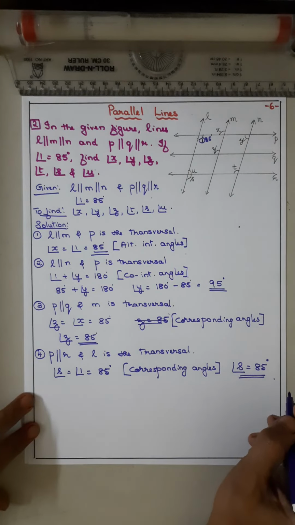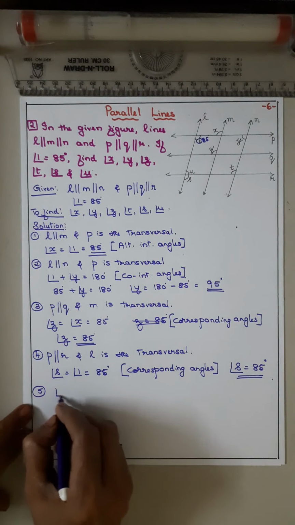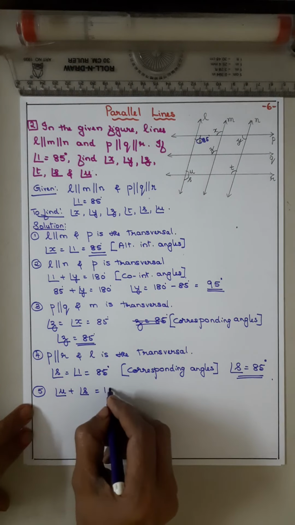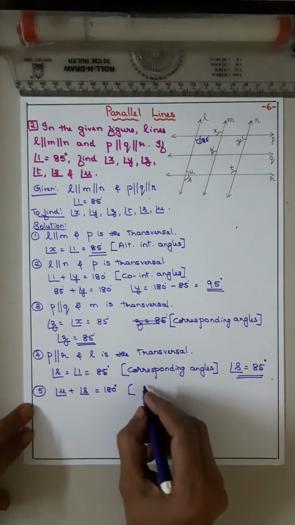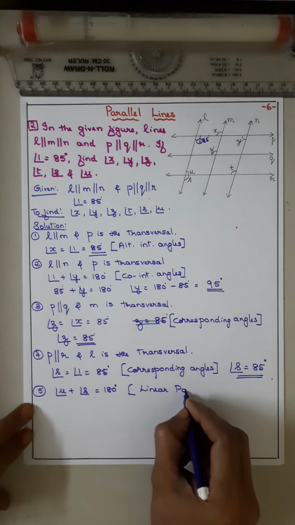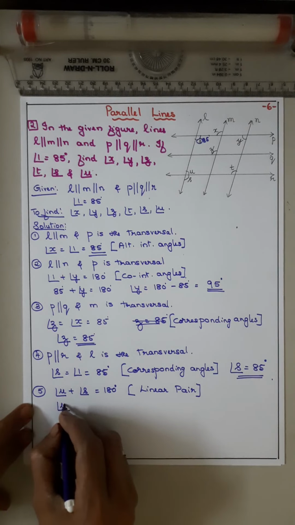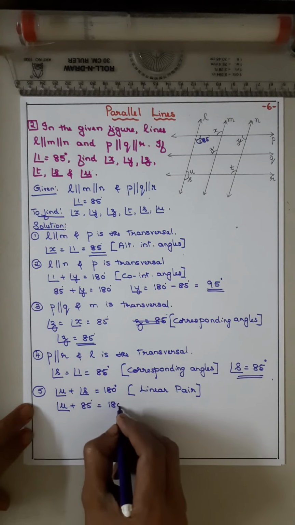Now coming to angle U. Angle U plus angle S is equal to 180. Why? They are adjacent. It is a linear pair. So angle U plus 85 is equal to 180.